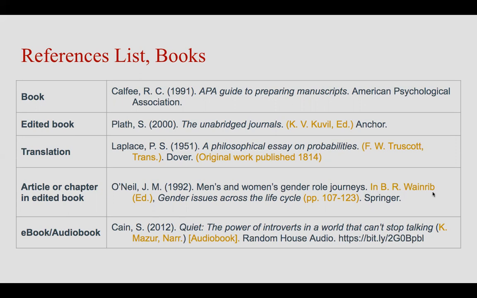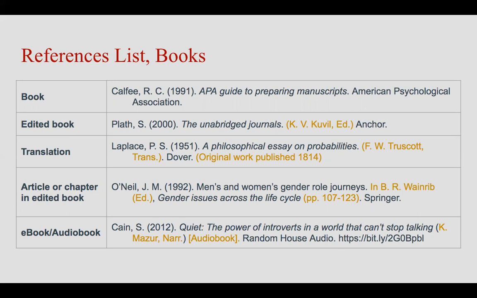It's the editor for the whole collection, B.R. Wainrib, editor. And then this is the title of the whole book in which this chapter or article is found. And then you also include the page range for that article within the book and the publisher.